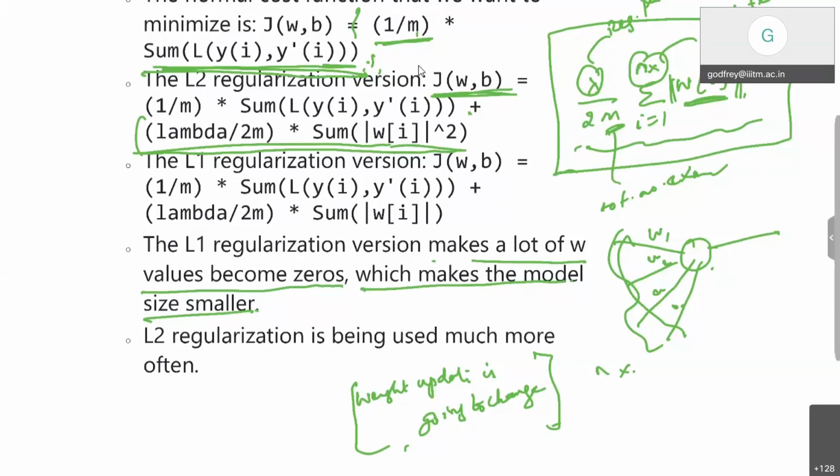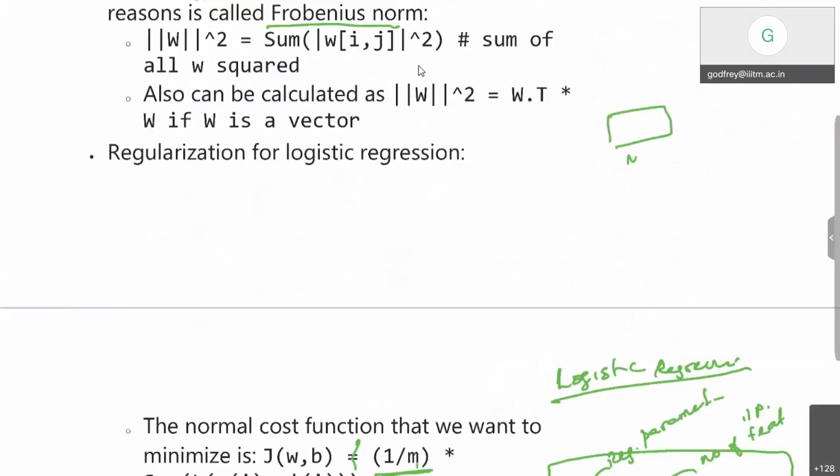So how do I make my model not overfit by making my W suboptimal? In order to make my W values suboptimal, I can push them toward zero, which is similar to having a smaller model. This model has overfit, so I need to reduce the size of the model.